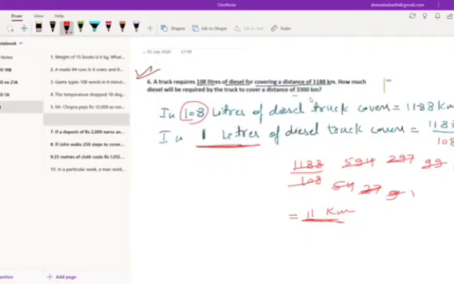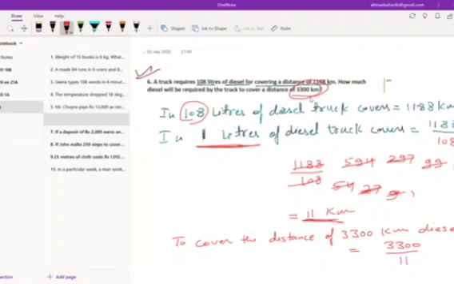So if the truck has to cover 3,300 kilometers of distance, how much diesel is required? So to cover the distance of 3,300 kilometers, diesel is equal to what you have to do? 3,300 divided by 11.